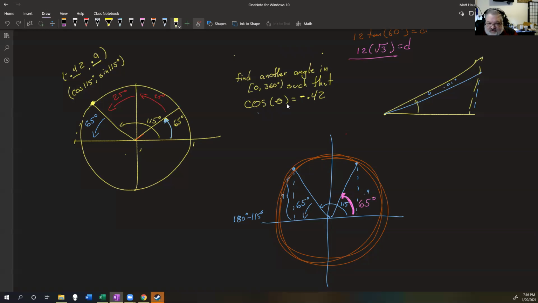Cosine is negative where our x's are negative. X's are negative in quadrants 2 and 3. We are given the 115 in quadrant 2. So the answer that we're looking for had better be down here in quadrant 3, where the horizontal distance is the same.